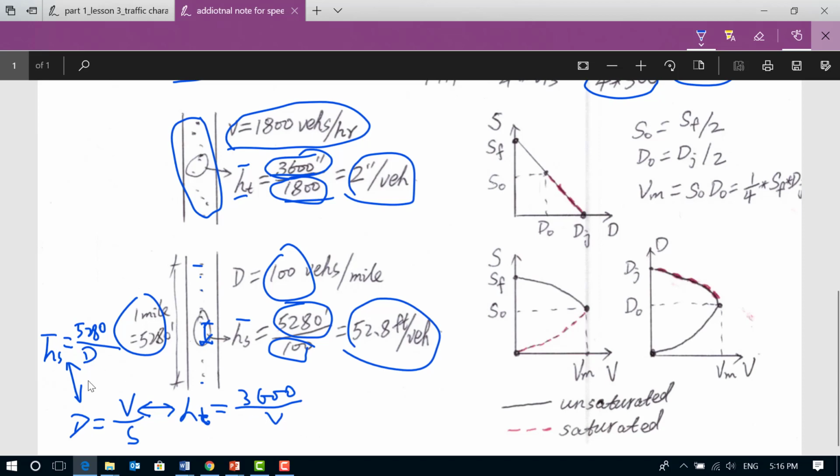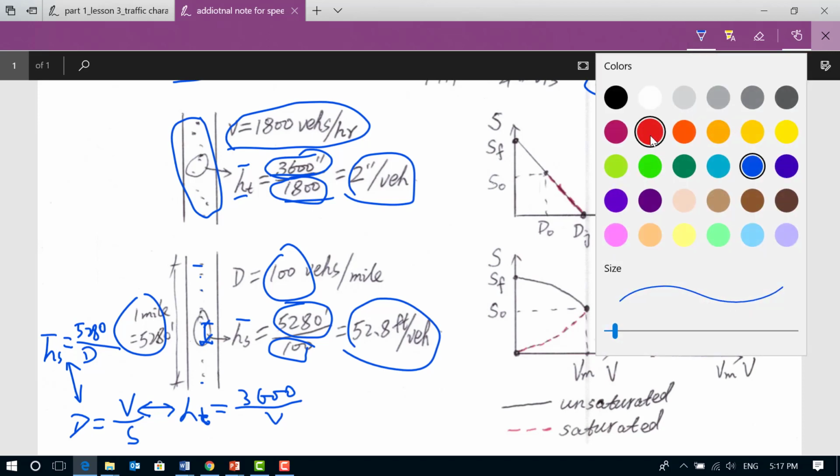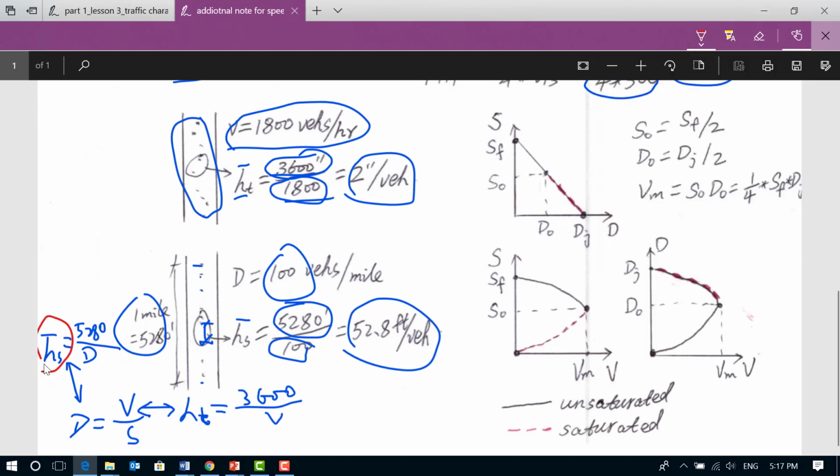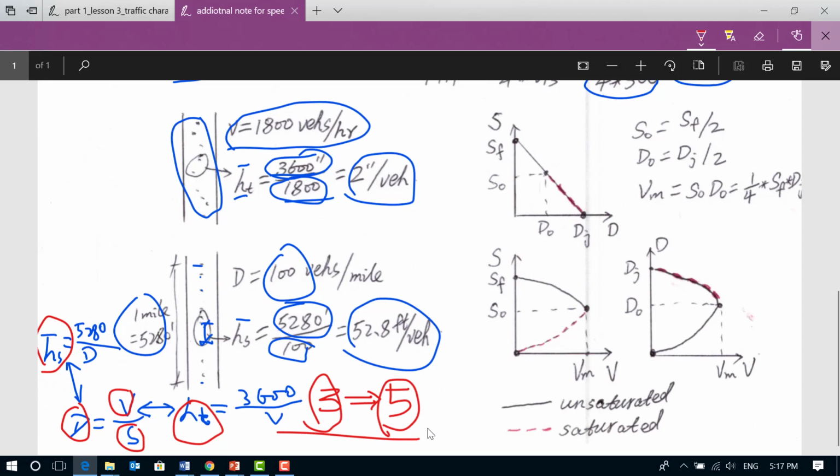So we have 5 different traffic parameters: HS, D, V, S, and time headway. This is another 3 to 5 set. As long as you know three knowns, you can calculate all 5 parameters. That is another popular 3 to 5 set in the transportation field.